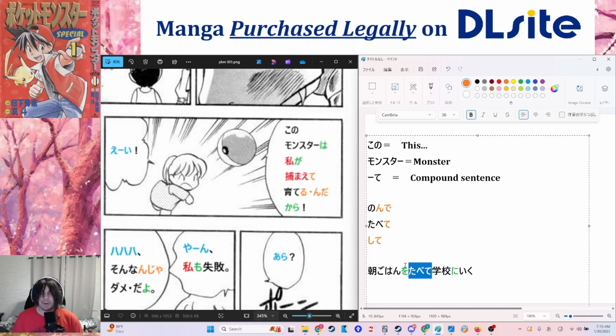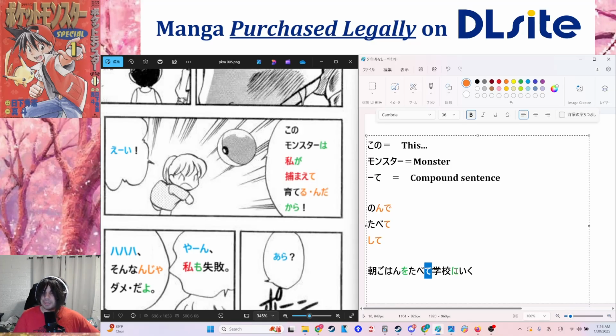So "asa gohan o taberu" would be the basic way of saying I'll eat breakfast, or I'm eating breakfast. But here, if I want to continue past that to say a second thing, "asa gohan o tabete gakkou ni iku". I'm going to eat breakfast and go to school.